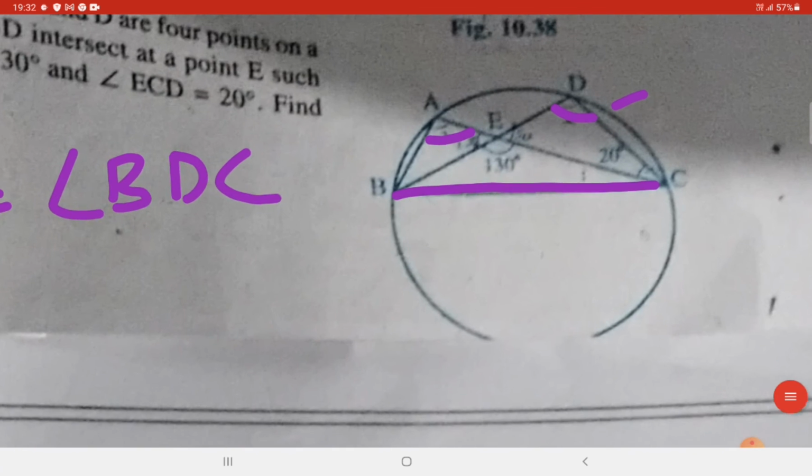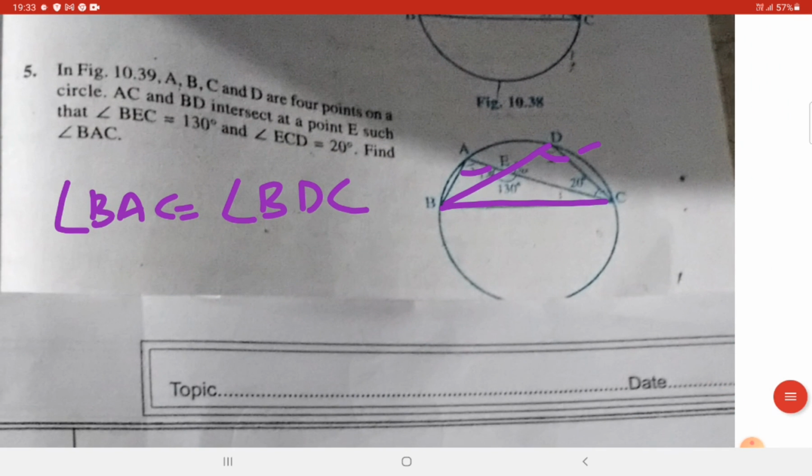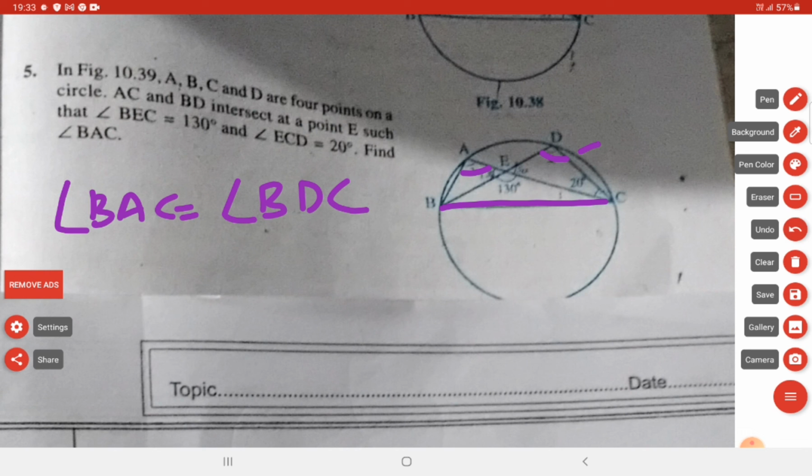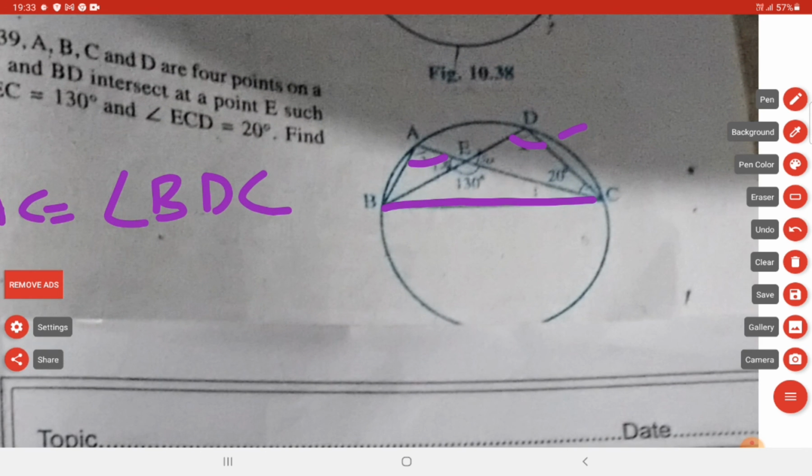Now consider the figure. See, BED is a straight line. And EC is a ray on it.